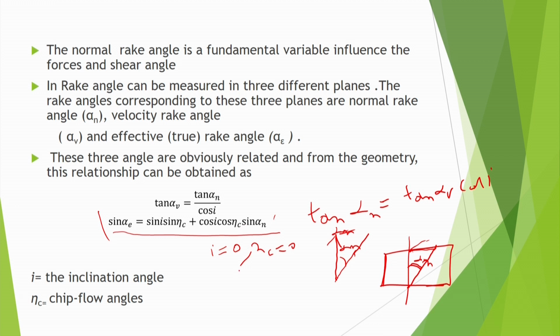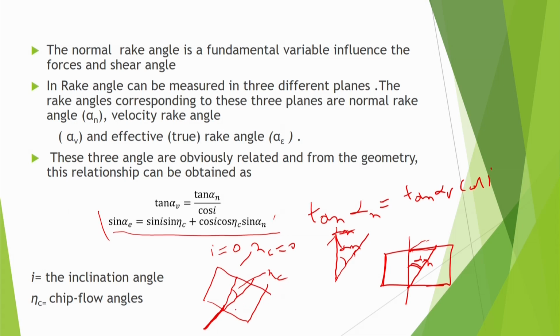What is the situation here? Maybe this is the tool rake surface, and the tool velocity is normal to that, so no inclination is there, but you are having eta C here, and the chip is flowing like this.